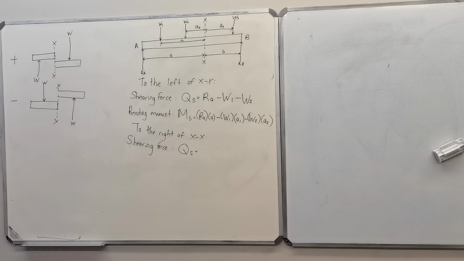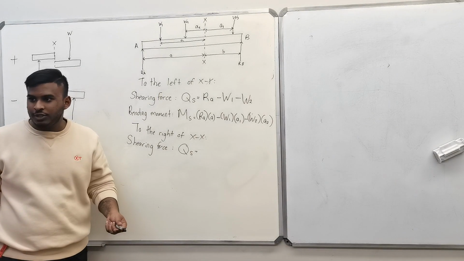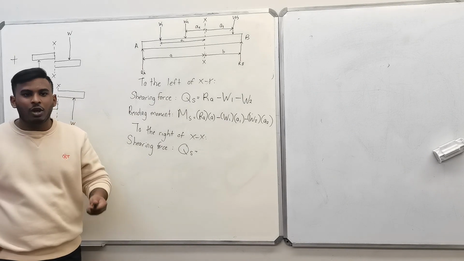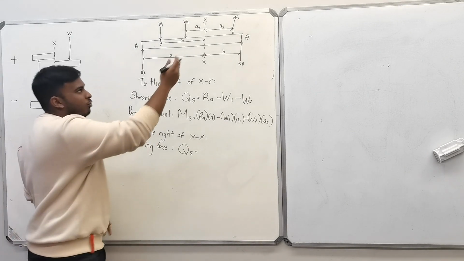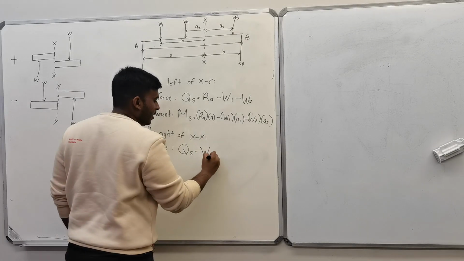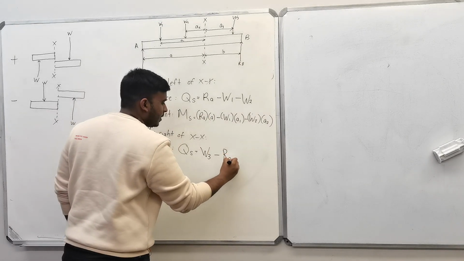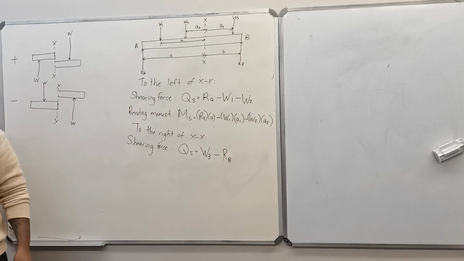Is up or down positive? Down is positive, so up would be negative. Whichever forces are acting down are your positive force, whichever force is acting up is your negative force. So we have one force that acts down, so this will be W3 minus RB. And that will give you your shearing force on your right hand side.